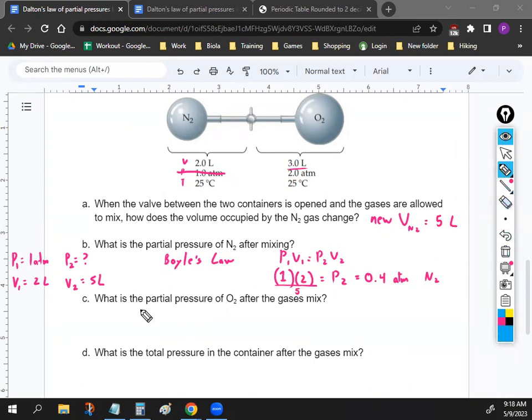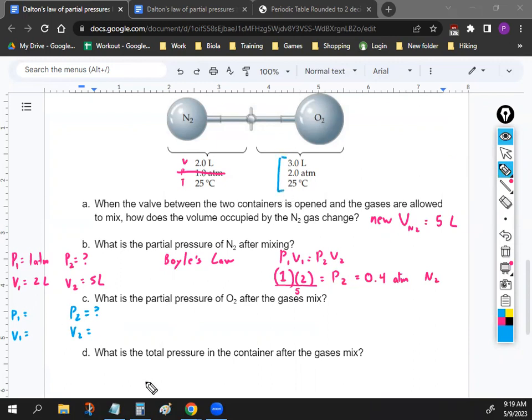Part C is pretty much the same thing, but this time we're going to be looking for O2. So we're looking for the partial pressure of O2, so we're still looking for P2. We have to figure out the P1, the V1, and the V2 for oxygen. Let's take a look at this side right here to look at oxygen.